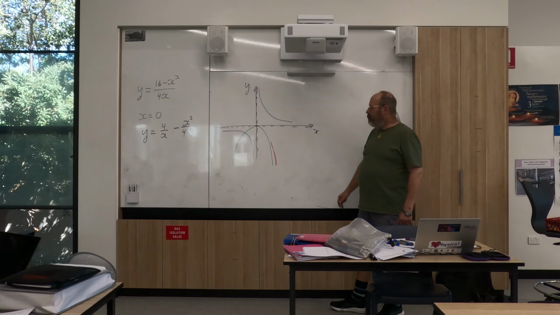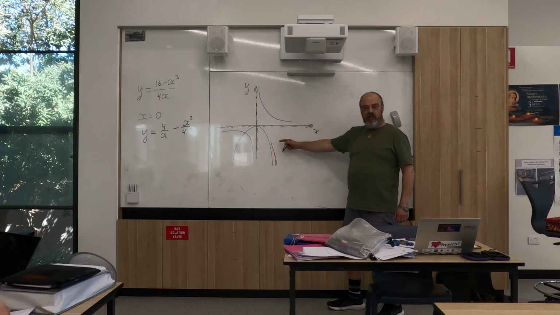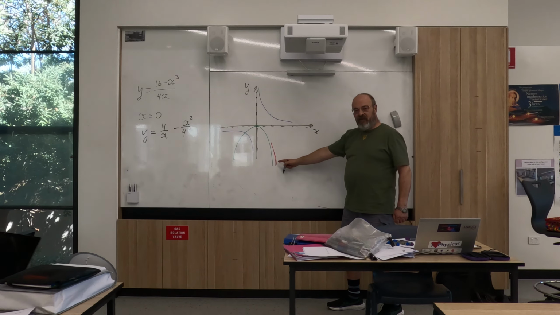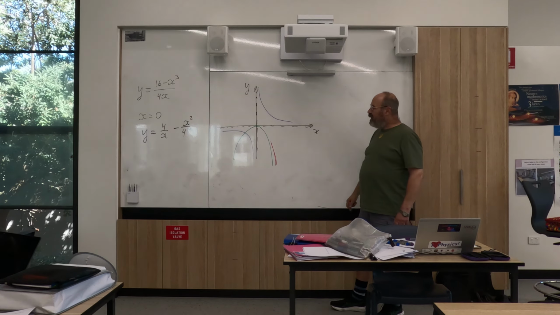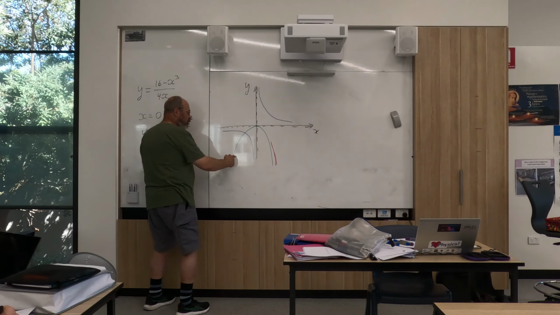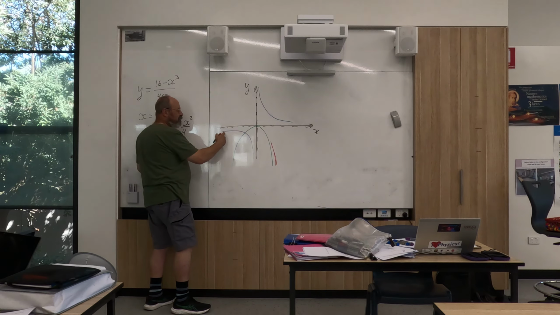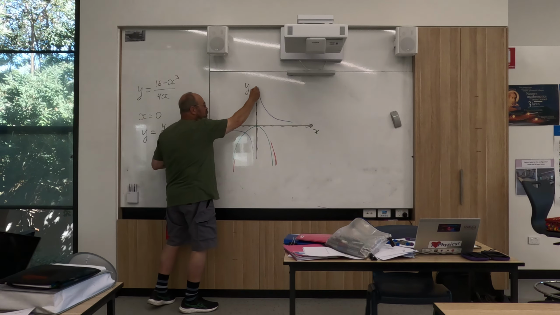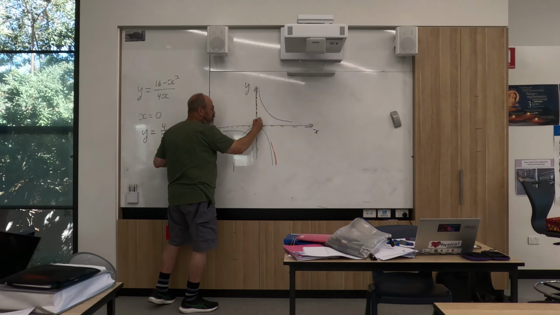When this becomes very small, this becomes very big. When we add them, it will be above because it's plus. Here will be exactly the same thing, but here we have negative plus even small negative, so it will be even more negative. It will be something like this. This one we already know is the asymptote.